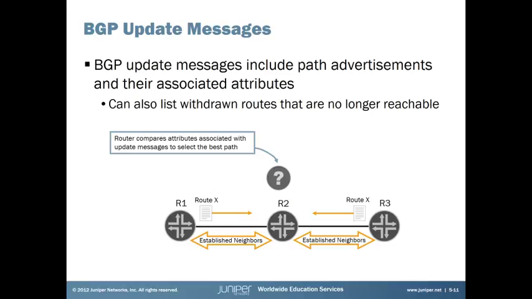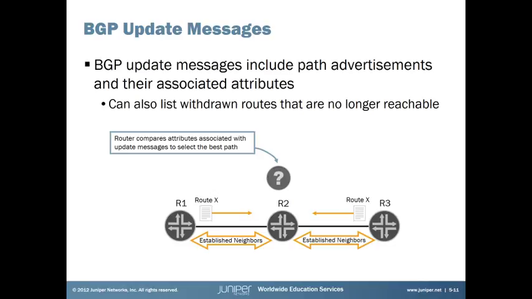We can also list withdrawn routes that are no longer reachable. So we lose a particular peering arrangement, for example, and then that router may send an update to its other routers that it no longer has connectivity to that peer, and therefore those networks are no longer reachable through that particular path. So the BGP router compares the attributes associated with update messages to select the best path.